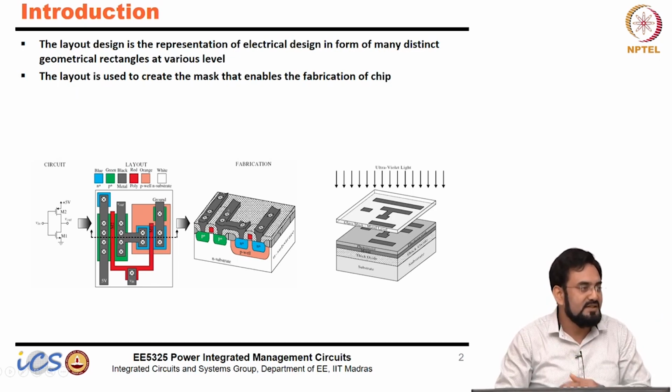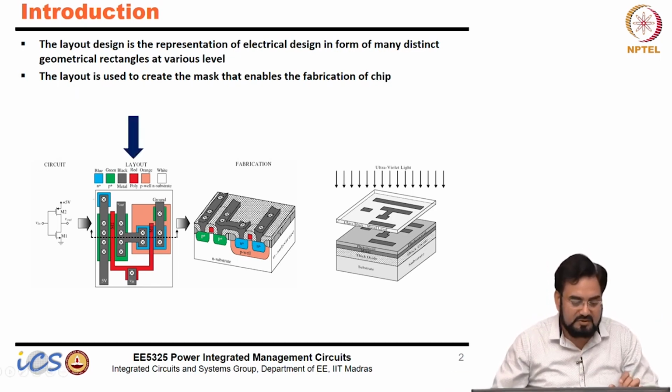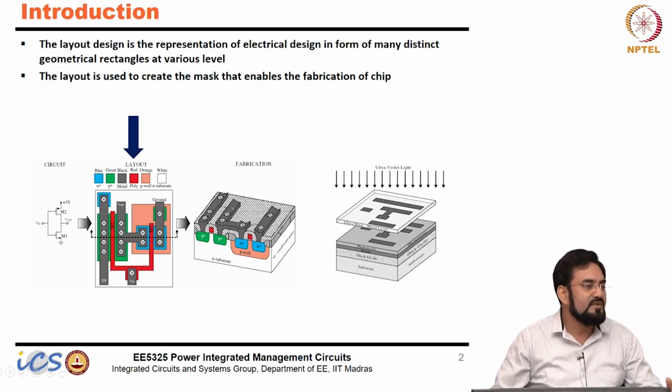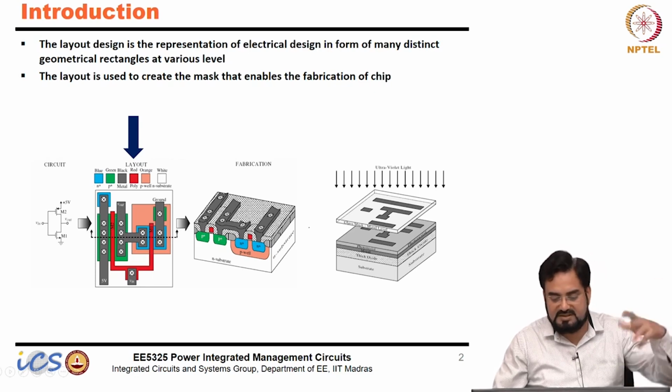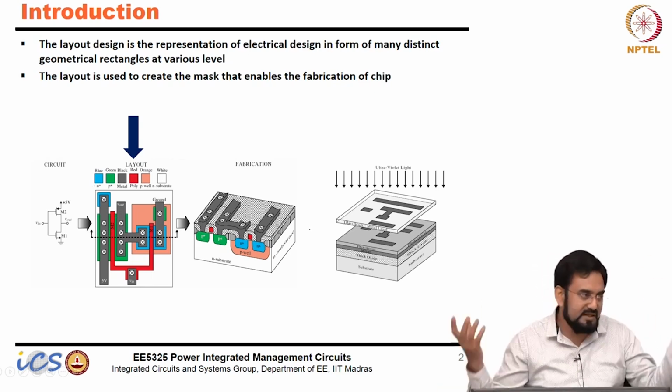All those things are defined in your layout. What you are drawing here only makes sense for the Fab, because the Fab can only understand these layers. You see multiple layers are there. When all these masks are created, all diffusions are made, metal, then ultimately you get your chip.